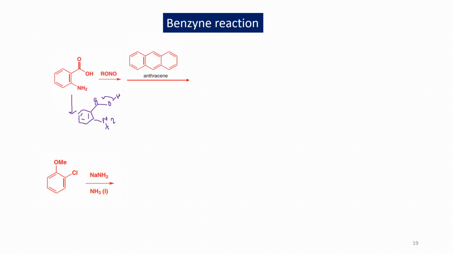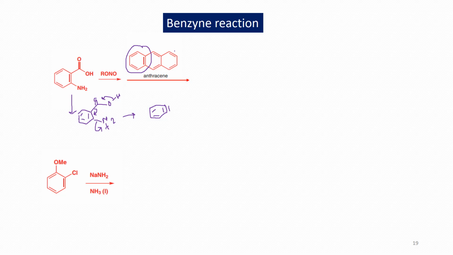This will come here, forming a benzene. Now this benzene will react with one of these double bonds. So if this is already aromatic, it will not react. Now among these two dienes, one of them will react.